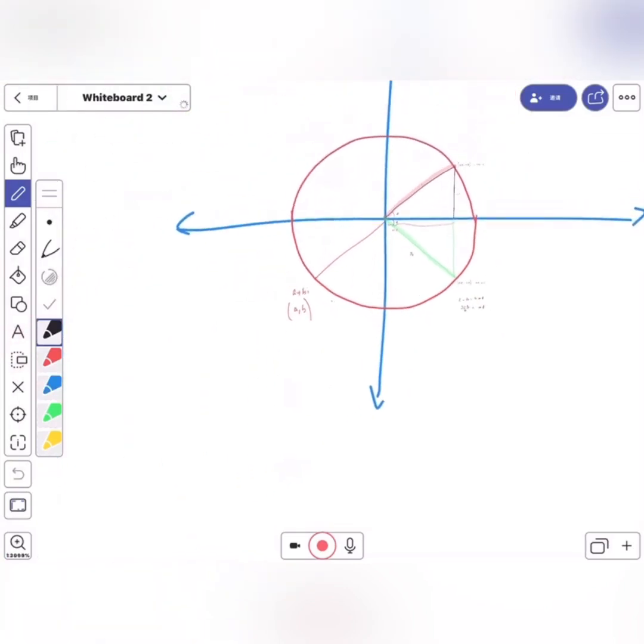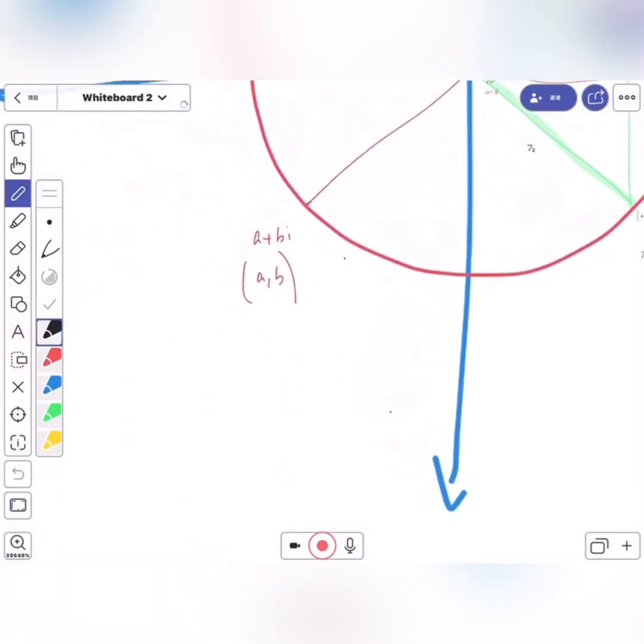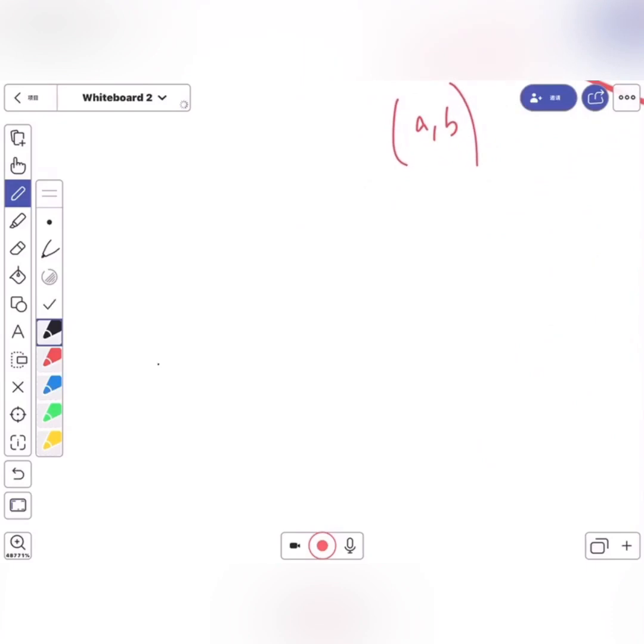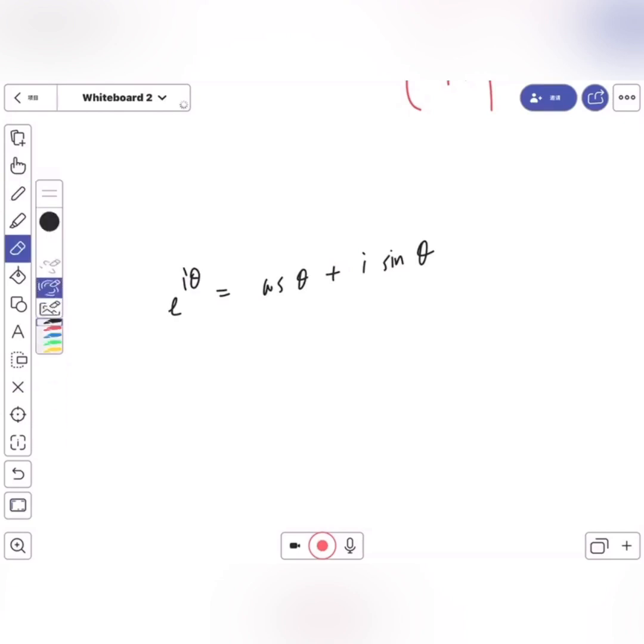Now, for the sake of time, we're just going to cite the theorem that e to the i theta is equal to cosine of theta plus i times sine of theta. That is in fact the famous Euler's identity, and if you are curious about the proof of this, go check my video about Taylor series and the proof of this.